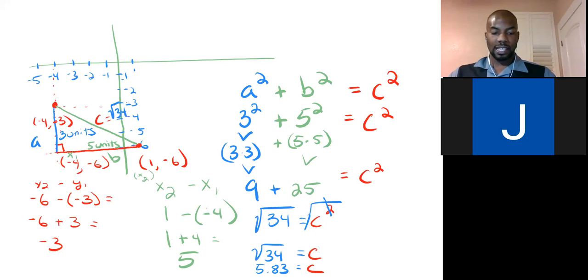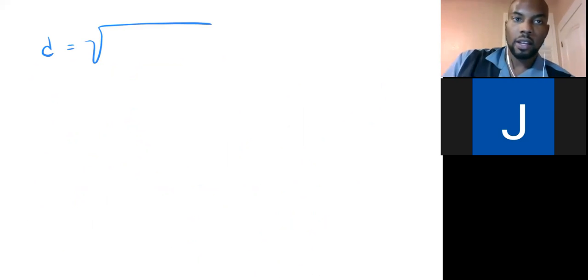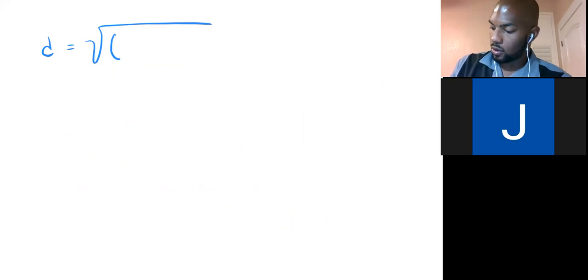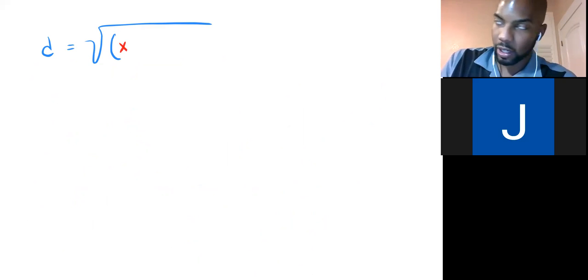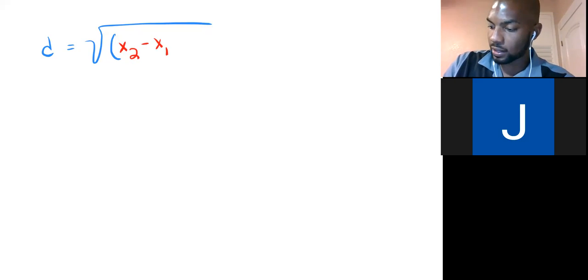All right, hopefully that is helpful. And for those of you who are saying that's not the distance formula, well, let's take a look. The distance formula is distance is equal to the square root, doesn't that look familiar, of whatever your second x value is, minus the position of your first x.